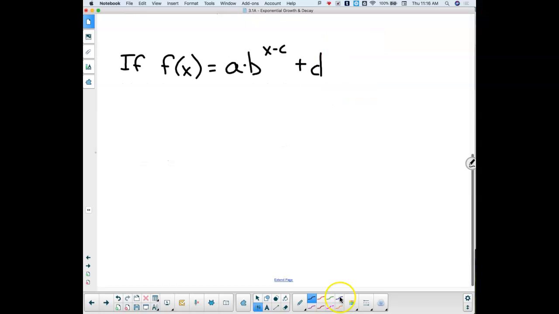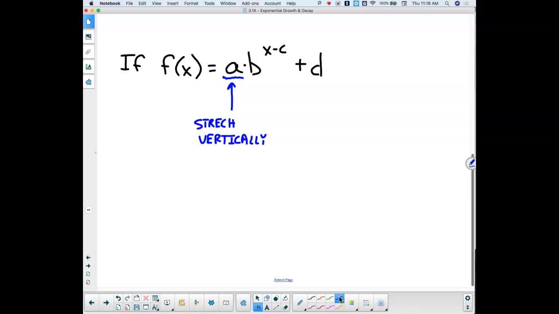So first off, this a value right here stretches my function vertically.